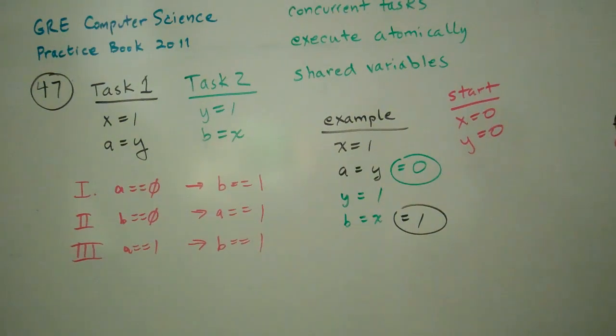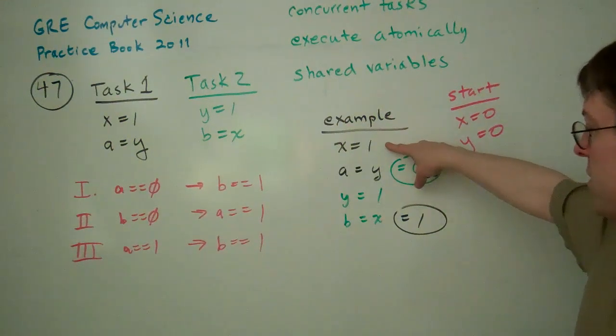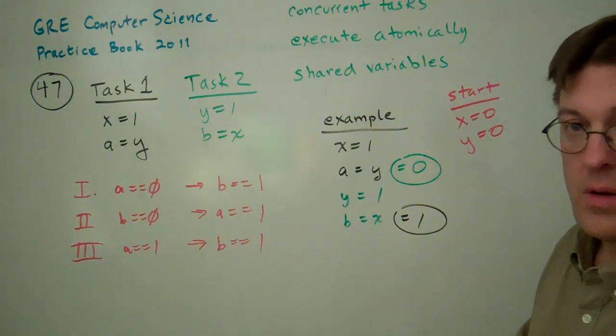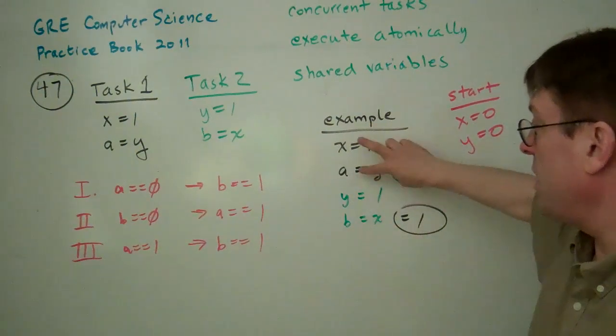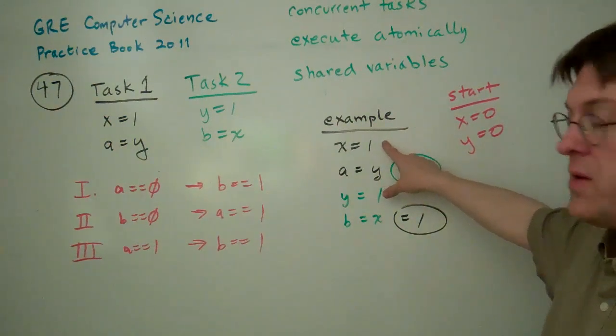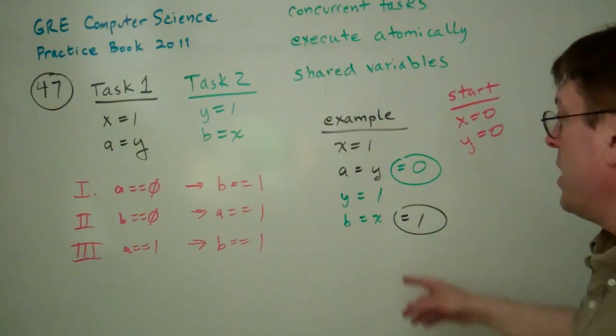Now you'll find that if a is 0, the only way for a to be 0 is if x was already assigned to 1. There's no other way for a to be 0. This statement can't be executed before this one. So x gets assigned to 1, then a is 0.